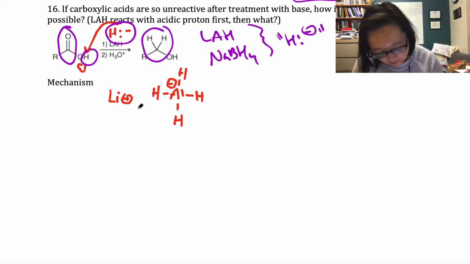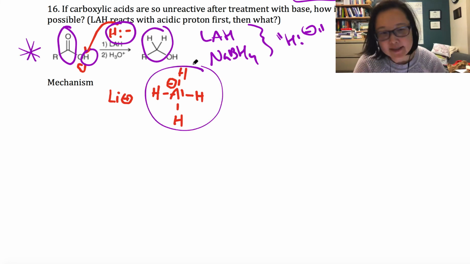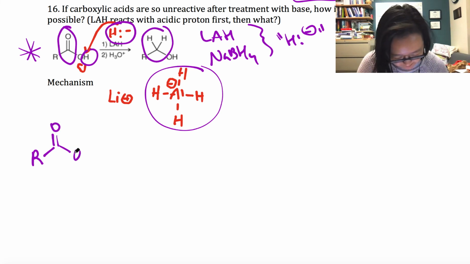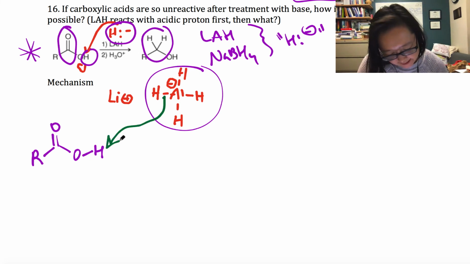So let me show you how I do it. All right. First, I tell myself, oh, with a carboxylic acid, I have to use this molecule. I can't take a shortcut and call it H minus. All right, so what I'm going to do is show you the full mechanism. And that is, the first step is this hydride attacks here, and I get this carboxylate.